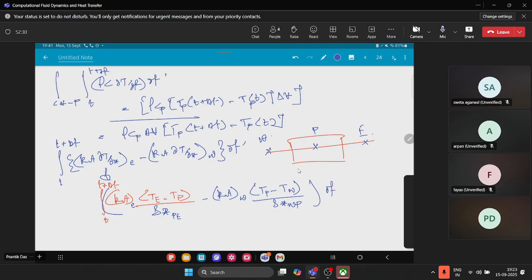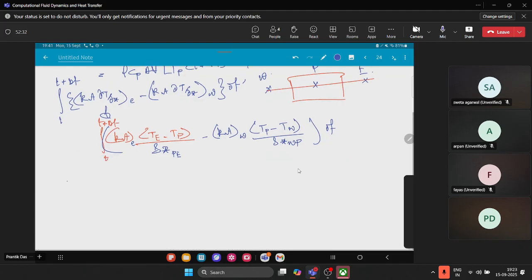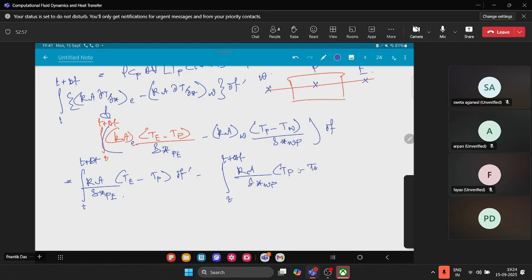Now if I simplify it further, it is Ka by delta x Pe (T minus Tp) dt prime, integrated from T to T plus delta T, minus the integral from T to T plus delta T of Ka by delta x Wp (Tp minus Tw) dt prime.